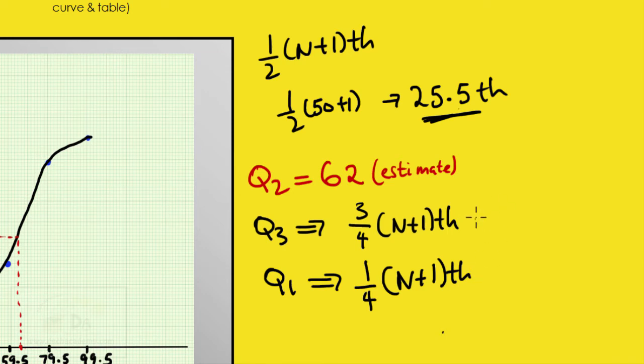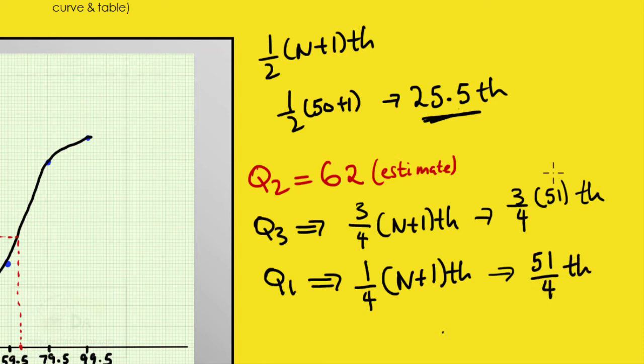Given that n is 50, so 3 over 4 times 51 is 38.25. So we need to find the score that's in this position, and we also need to find the mark that is in this position. 51 over 4 is 12.75.